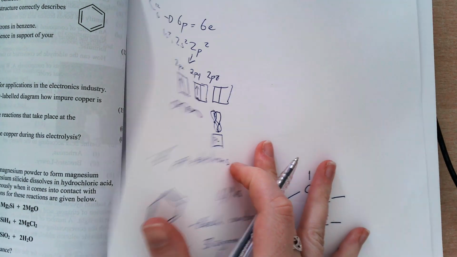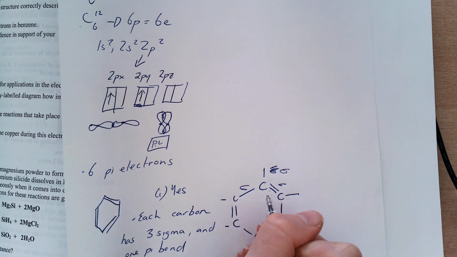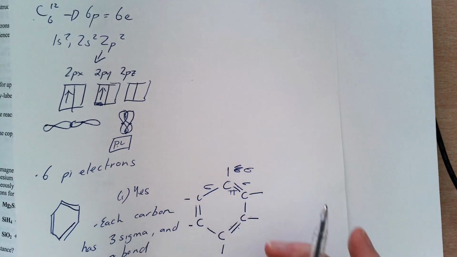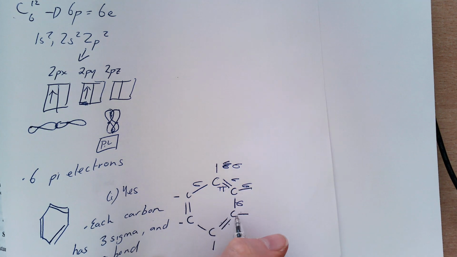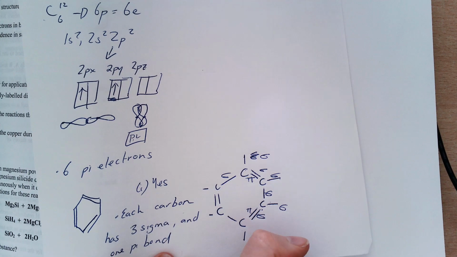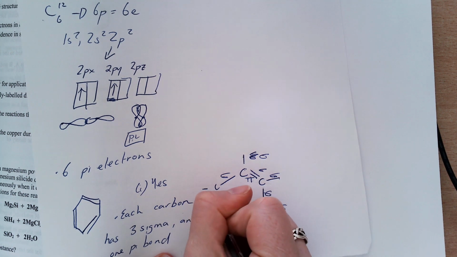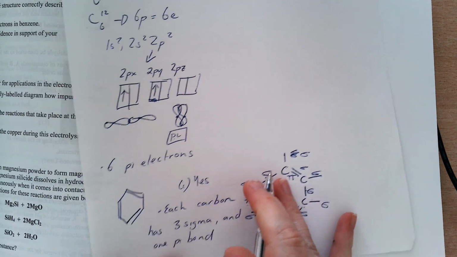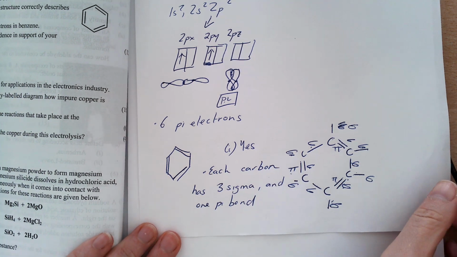If we look at this, this is a sigma bond, sigma bond, sigma bond, sigma bond, and the double bond here always contains my pi bond. Sigma, sigma, sigma, 1 pi bond. Likewise here, 3 sigmas, 1 pi, 3 sigmas, 1 pi, and this carbon, 3 sigmas and 1 pi. Again, this is all you need to state. It does because each carbon has 3 sigma and 1 pi bonds.